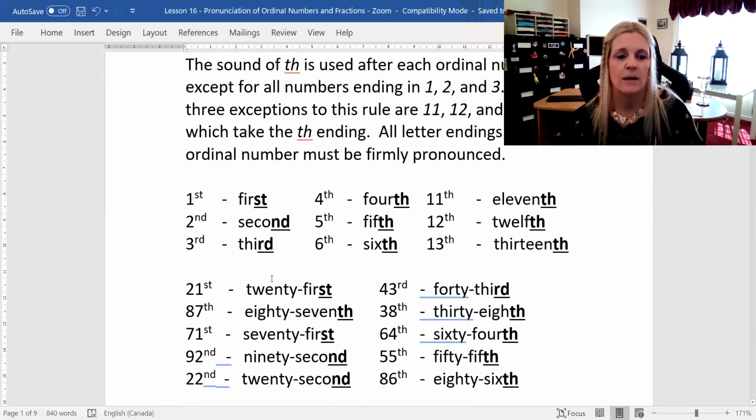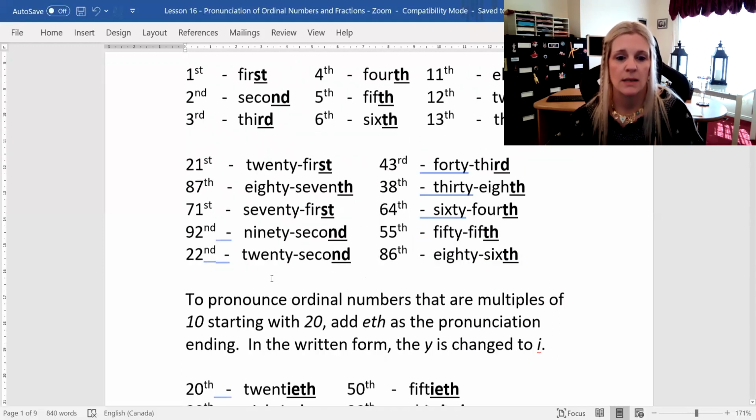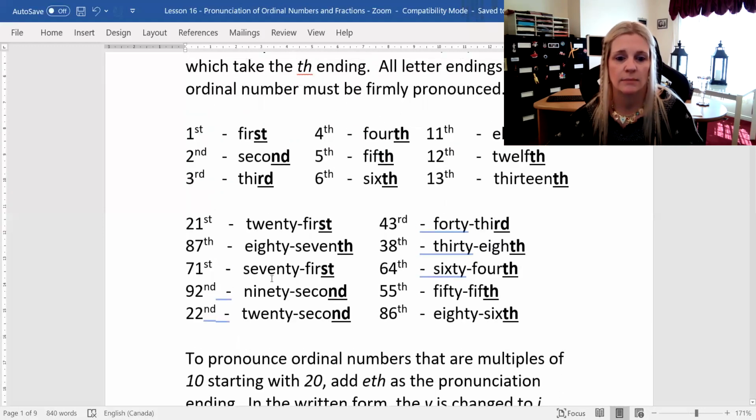Like 21, we would say 21st. 87, 87th. 71, 71st. 92, we would say 92nd. 22, 22nd. 43, 43rd. 38, 38th.